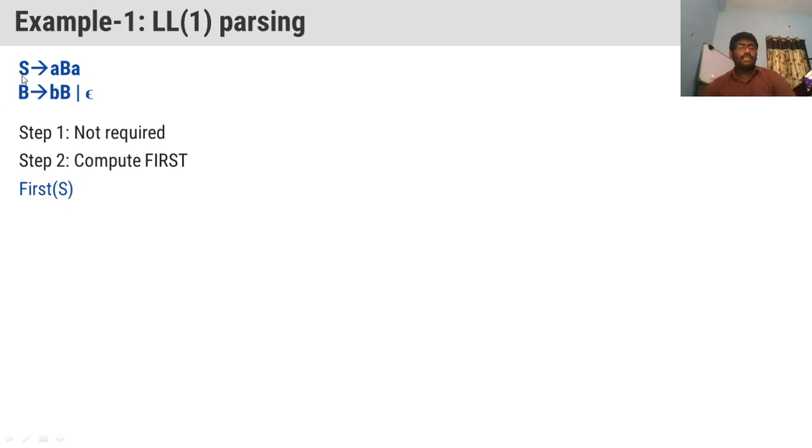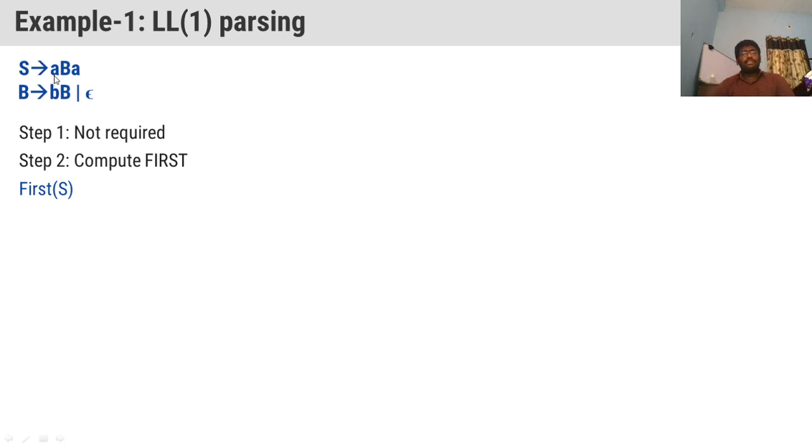Suppose the variable is S, and the production also starts with S, then our first objective is to find the first of S and follow of S. For what are we going to find these?